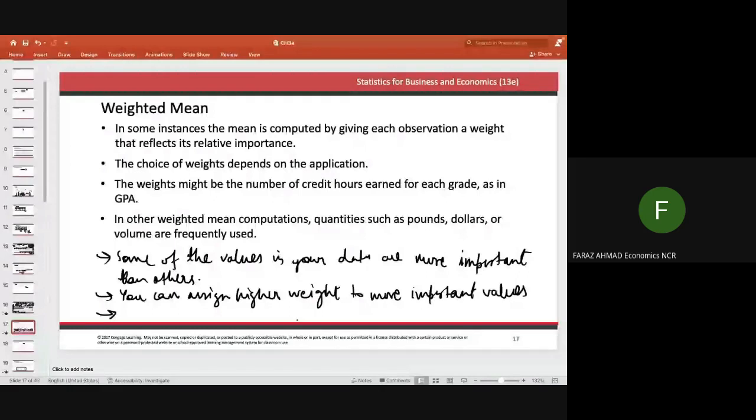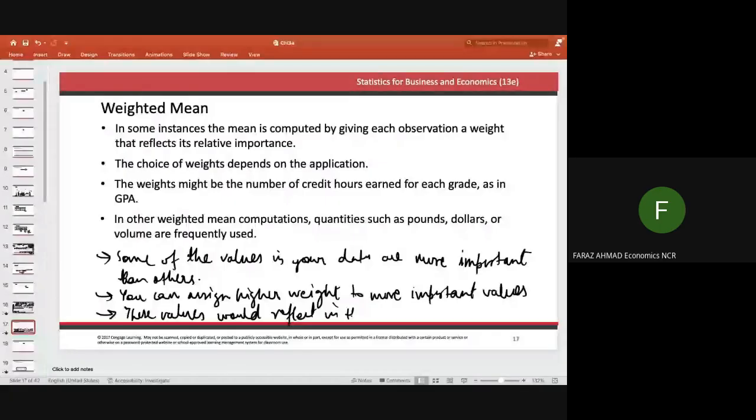If you do it, it means these values would reflect in the mean more than others, right?